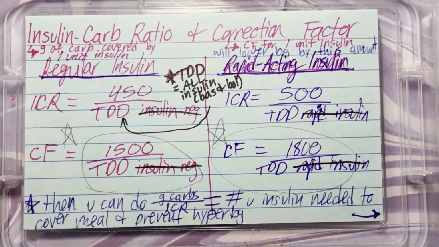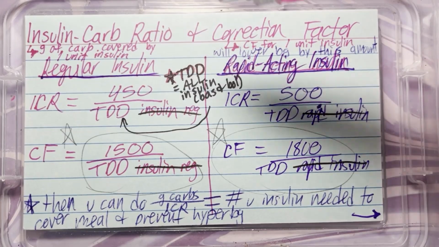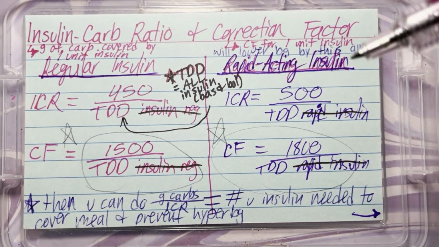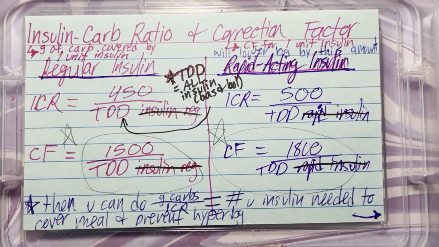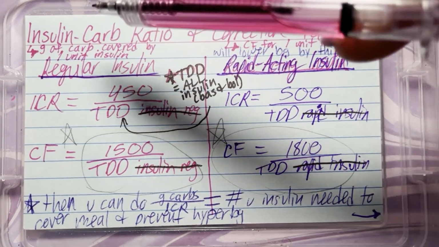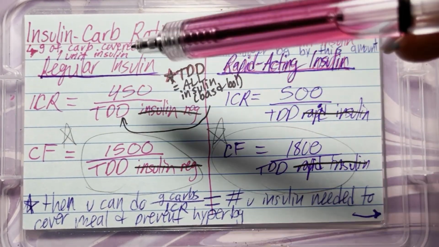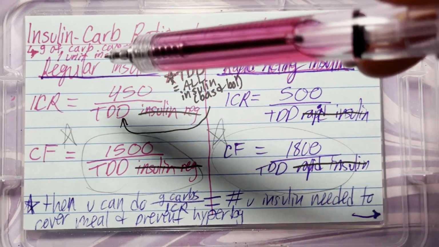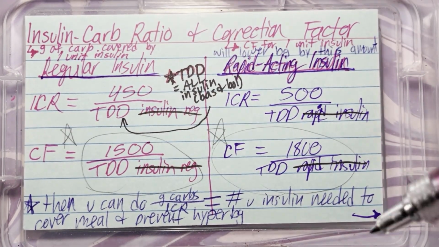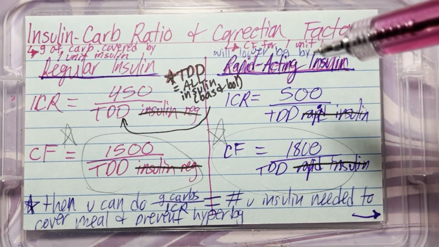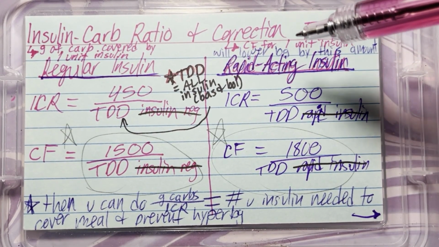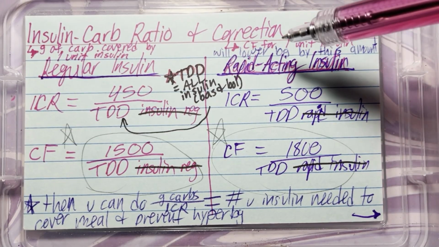You guys, we got a doozy here, okay? Insulin to carb ratio and correction factor. This took a lot of beating into the brain for me. Your insulin to carb ratio is the grams of carbs covered by 1 unit of insulin. That's what we're figuring out. The correction factor is the amount 1 unit of insulin will lower blood glucose.